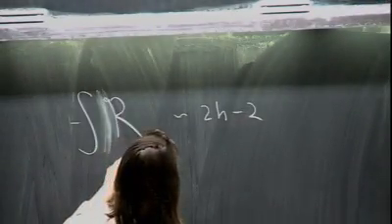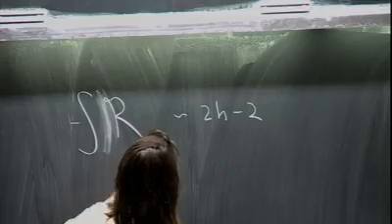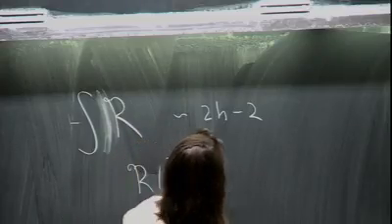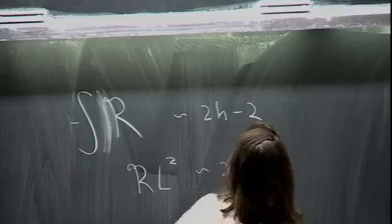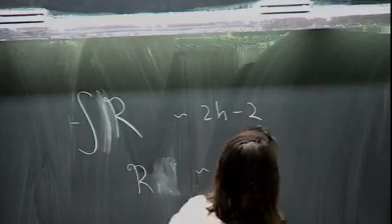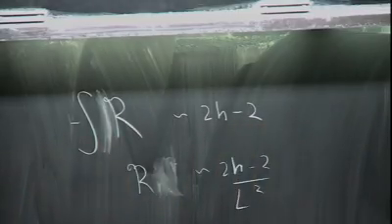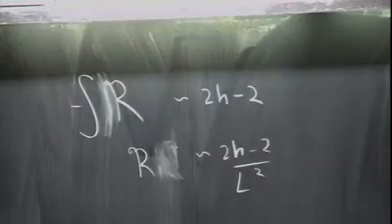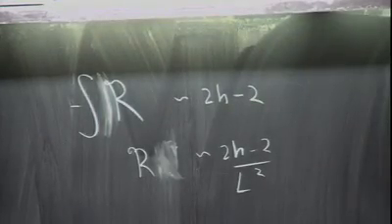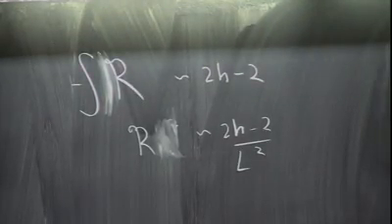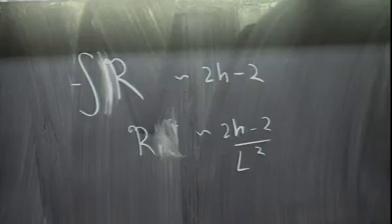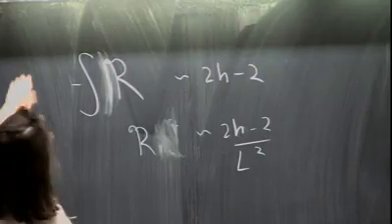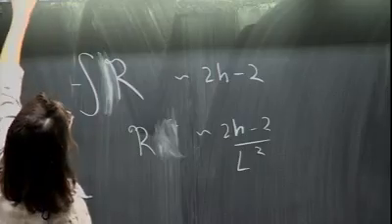So the way it scales, in this single scale thing, is R times L squared goes like 2H minus 2. So, you know, curvature is a 2 derivative thing. And that's why it ends up with 2 fewer powers of inverse length than the leading term there. So you can understand all these things in this kind of simple way.